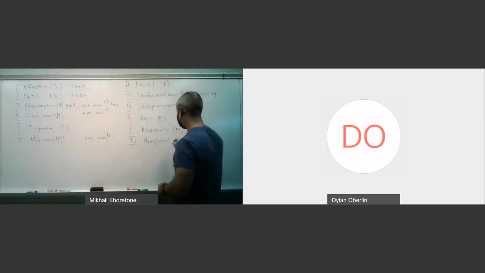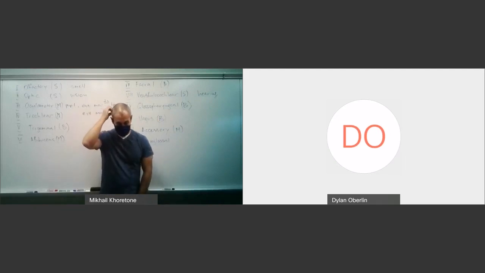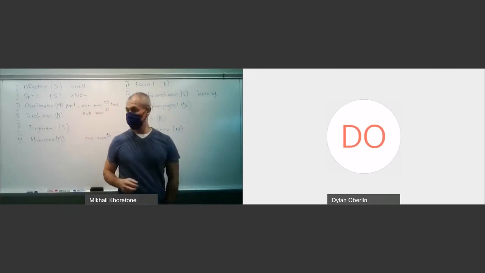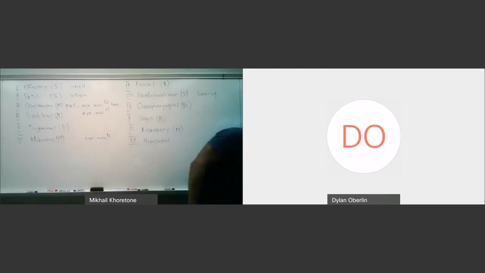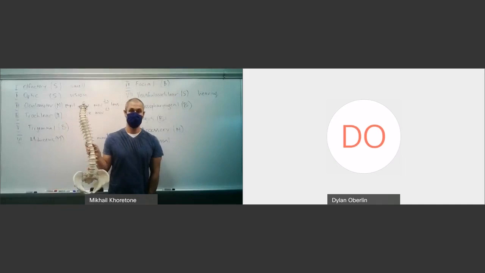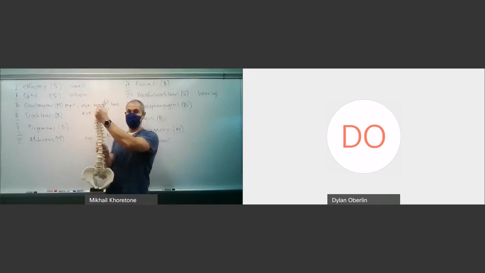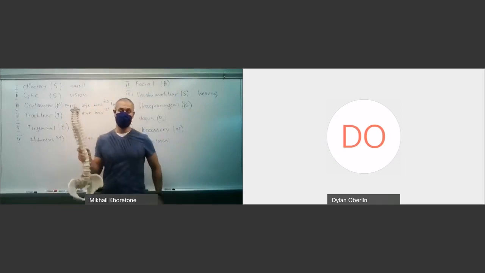Accessory motor nerve. It's kind of a weird nerve. If you would look at the spinal column, you see this red, I don't know, wire. That's the accessory nerve.